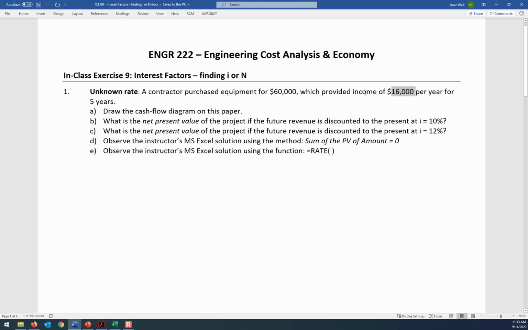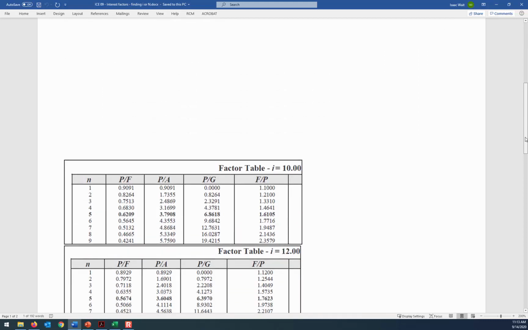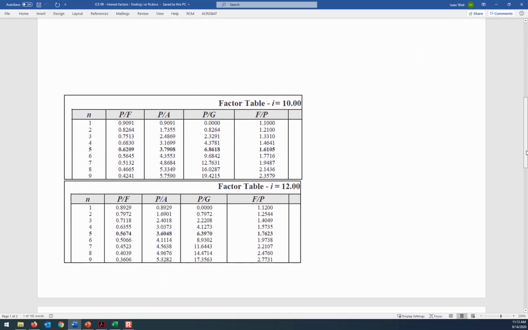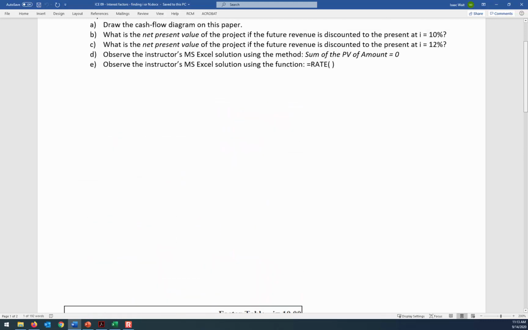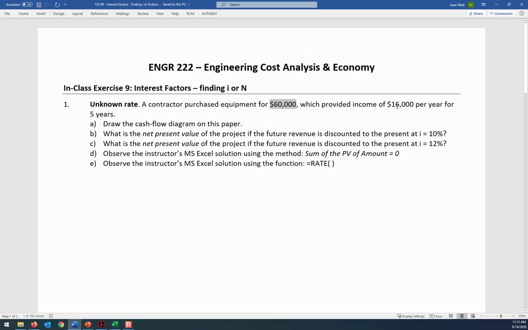That means combine the income discounted to the present with the outflow that's already at the present. So do that for 10% and 12%. Here are the factor tables that you can use to calculate those amounts.